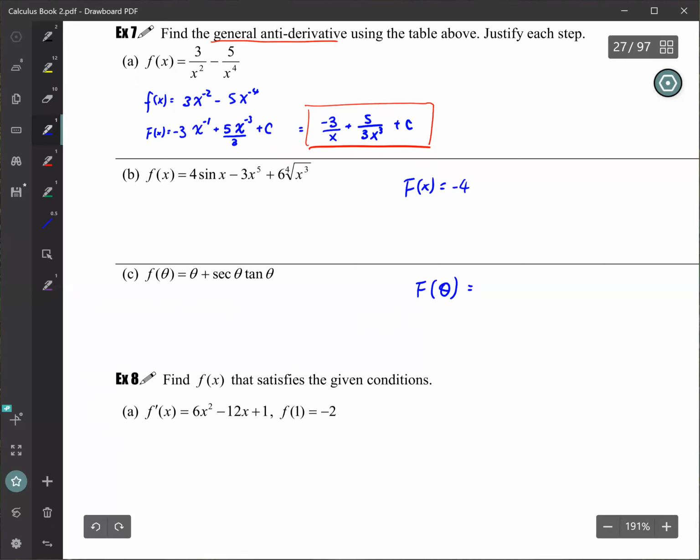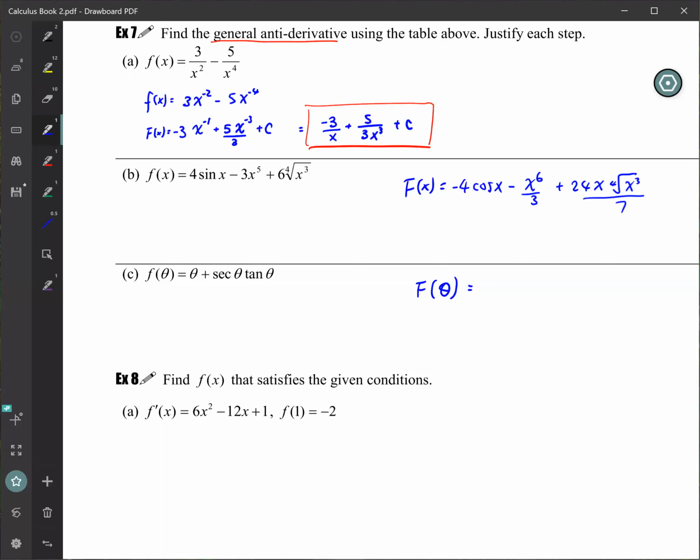So that will be negative 4 cosine x, then minus x to the power of 6 over 3, and then plus 24 times the fourth root of x to the power of 3, over 7, plus C, like general.